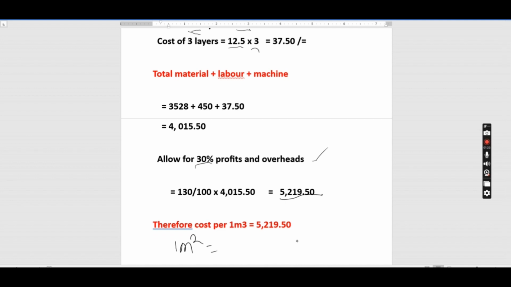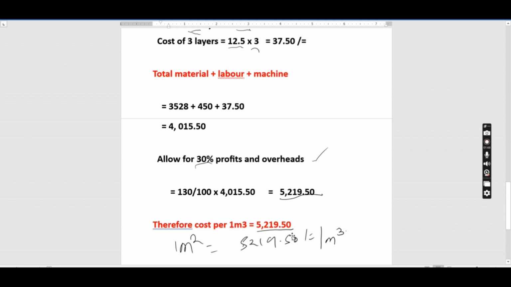So what we have is cost per 1 meter cubic. So how do you convert this cost of 1 meter cubic to 1 meter square? So this is 5,219.50 shillings per meter cubic. So how do you convert it to per meter square?